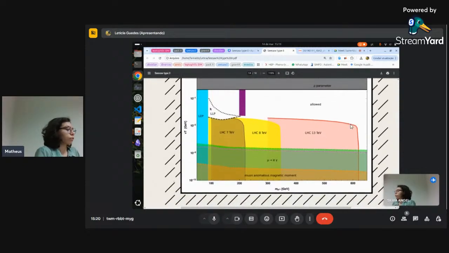So here you have constraints as well from lab experiments, from LHC, 7 TeV, 8 TeV, and 13 TeV. Here are the constraints on the muon to electron gamma process in terms of lepton flavor violation. And this is the muon anomalous magnetic moment.